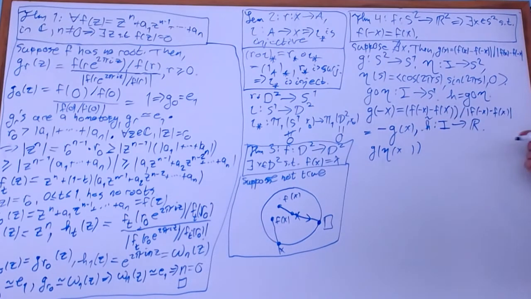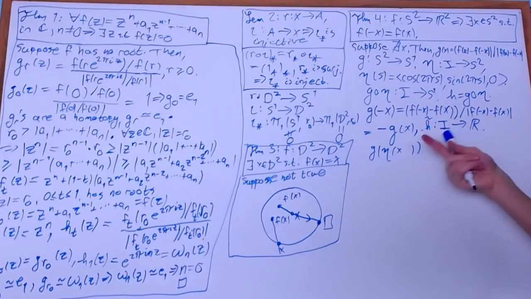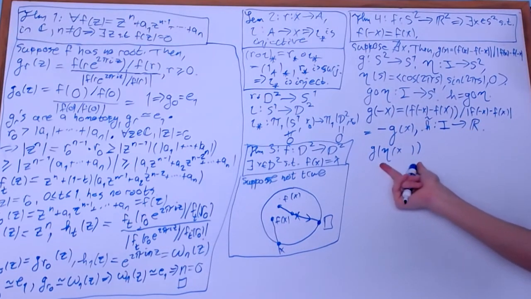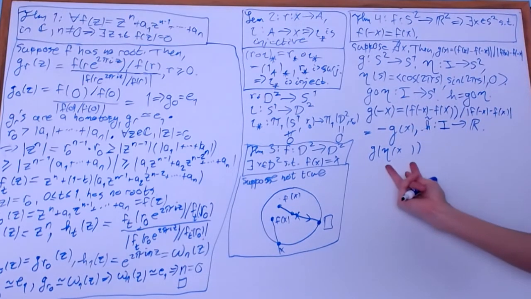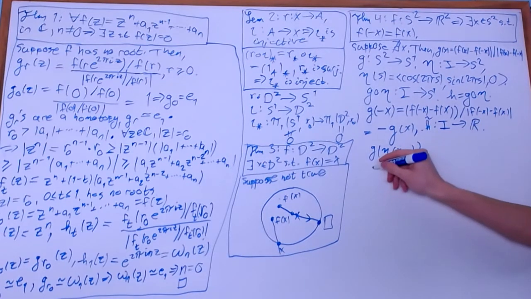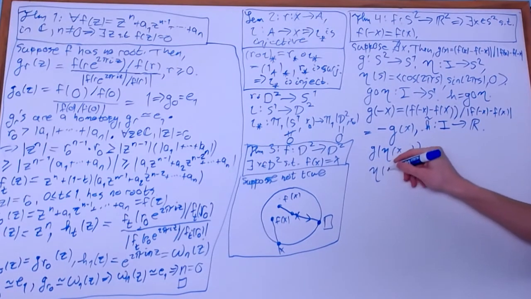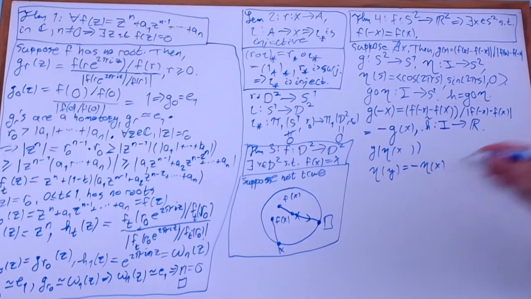What we want to do is use the fact that g of negative something has to be equal to negative g of something. So that means that we want this input to be negative of eta of x. We want this input to be the negative of what it would normally be. So what we want to do is figure out eta of what value is equal to negative eta of x.